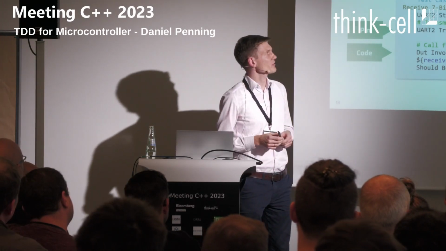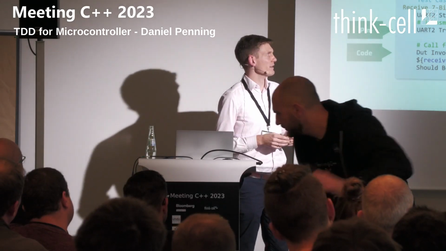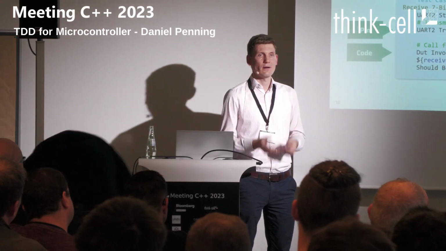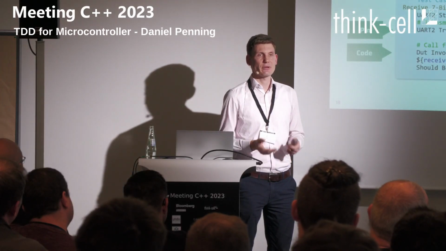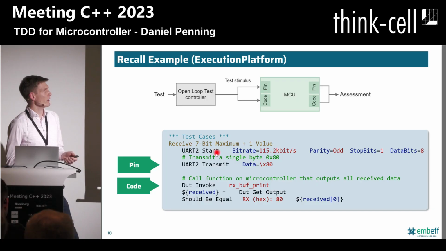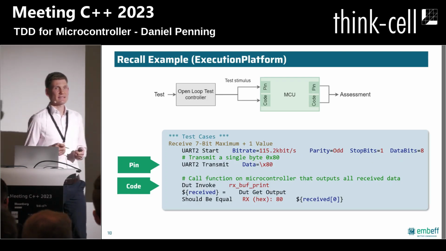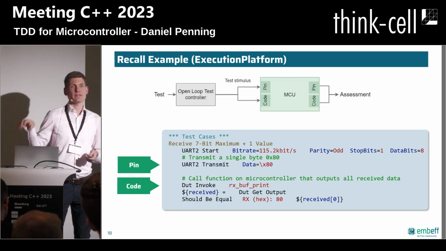Yeah, that's a good question. Everything that's running in Robot is not hard real-time, so you have basically no definition of how long these commands will execute. They're running on your PC. So everything that is time critical is moved inside our test system.